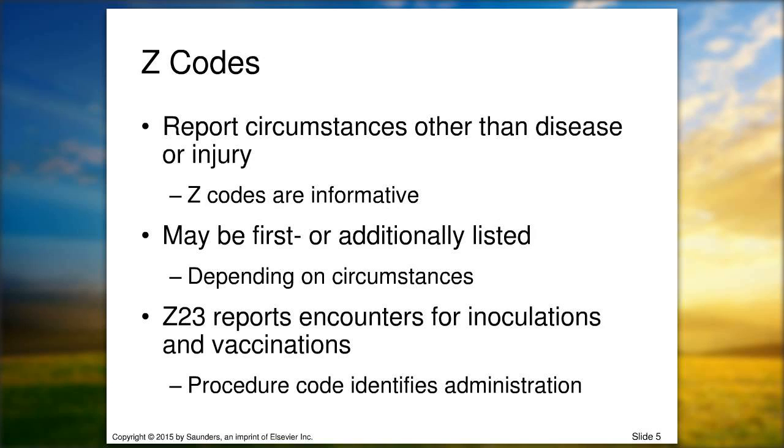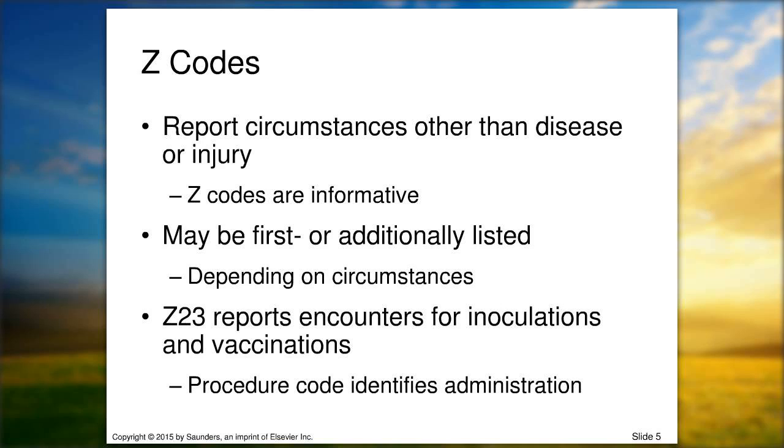This is actually a chapter, or a tabular, that you will frequent. Put a tab, just Z codes. And we'll go over those in just a moment. So again, put a tab where your Z codes tabular starts, 1027 in your ICD-10 book.